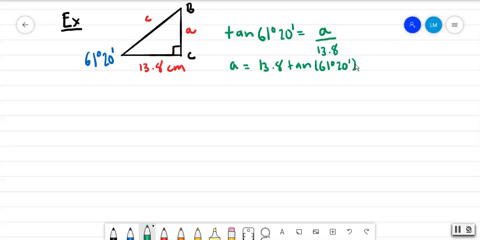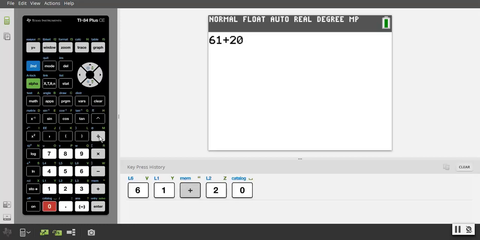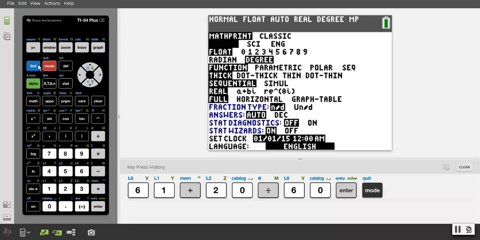Okay, well, let's solve that then. So we have 13.8 times tangent of 61 degrees and 20 minutes. Now, you're more than welcome to say, isn't that just 61 plus 20 divided by 60? And you'd be correct in saying that. Then, let me just check my mode.